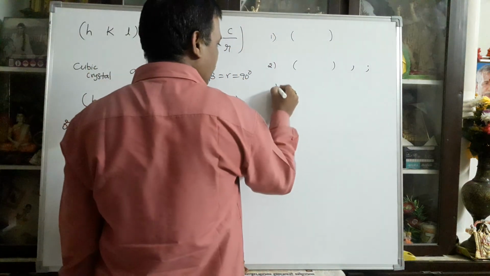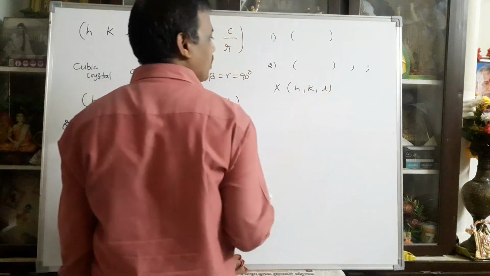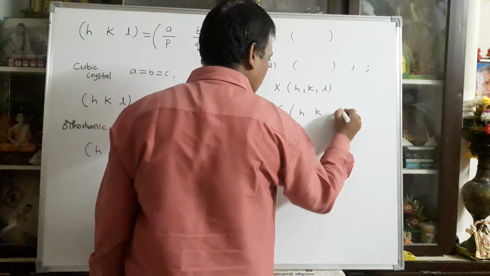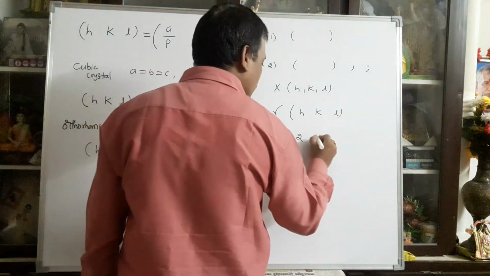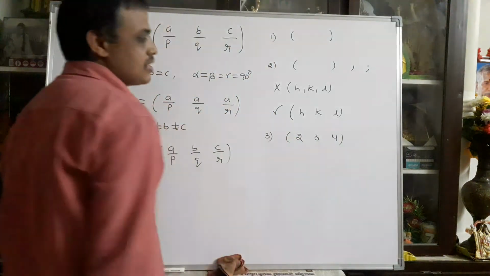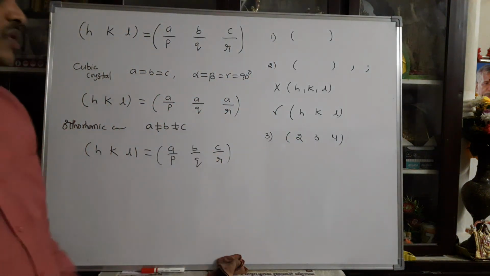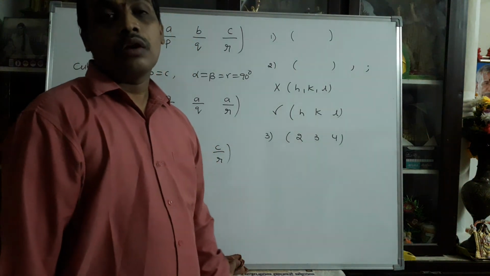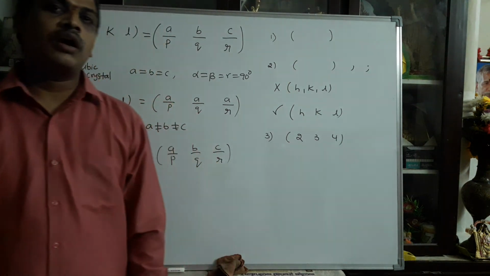The wrong way is H comma K comma L. This is the wrong way. The right way is H K L. And the third point: if you have Miller indices like 2, 3, 4, they should be pronounced as 2, 3, 4, not 234. That is not the correct way to pronounce the Miller indices.